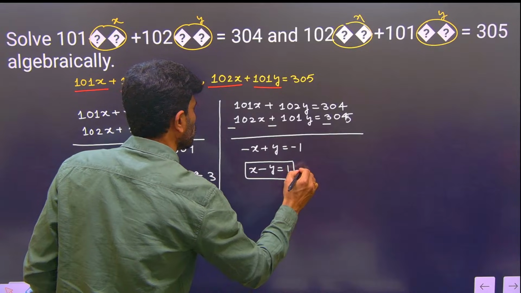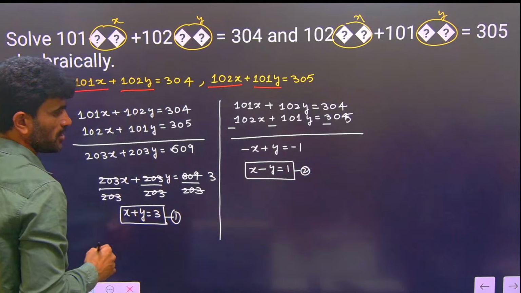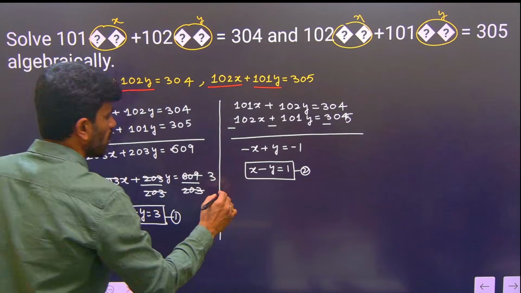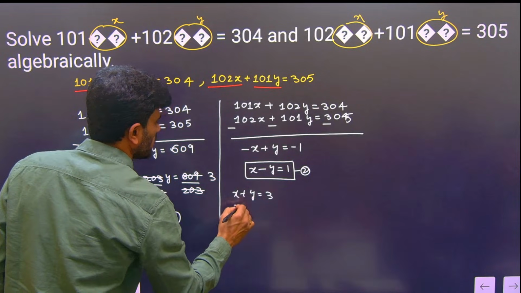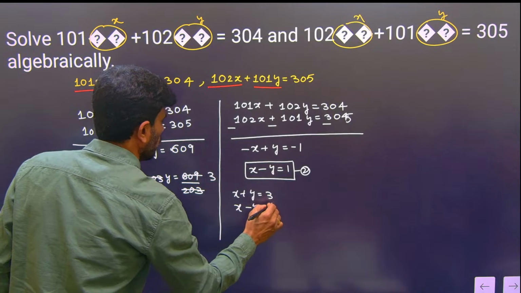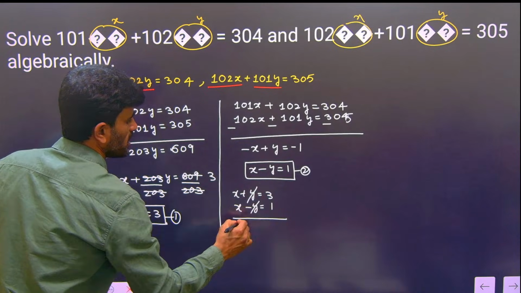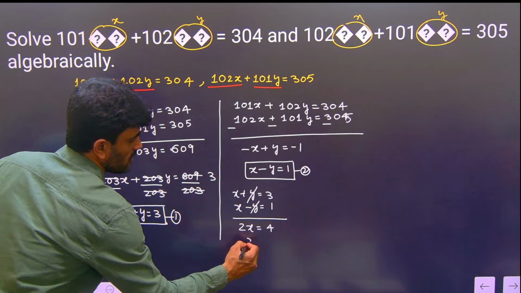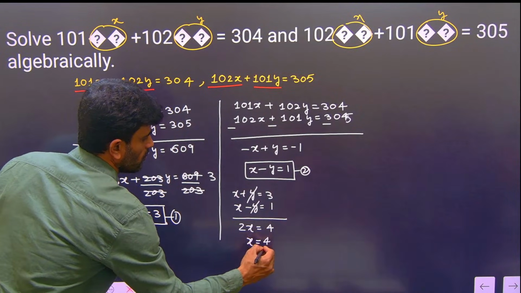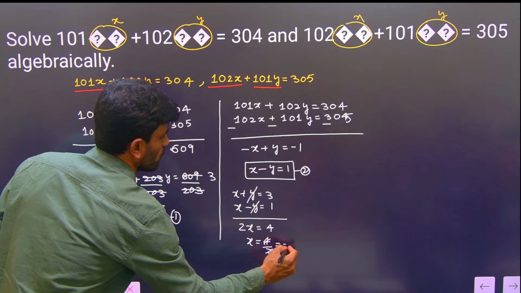This is equation 2. I multiplied everywhere by minus. With these two, x plus y is equal to 3 and x minus y is equal to 1, plus y minus y cancel, 2x is equal to 4. So x is equal to 4 by 2, x is equal to 2.